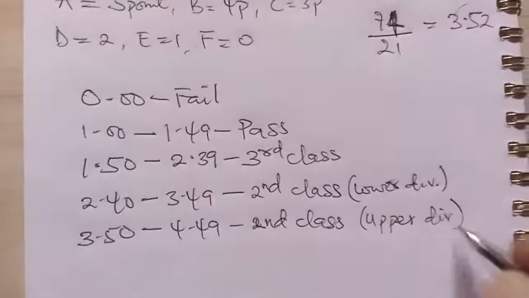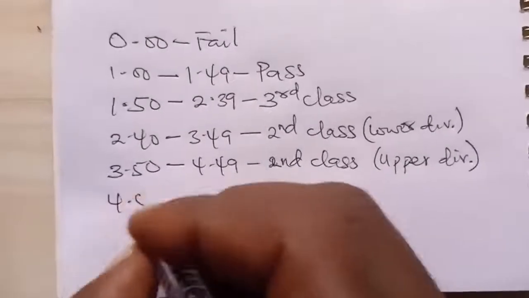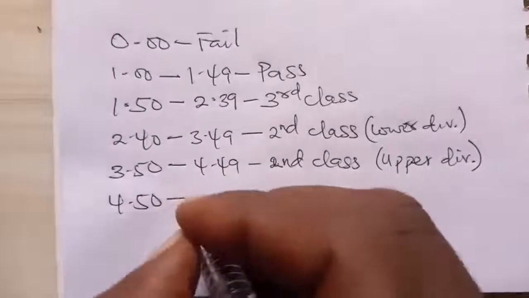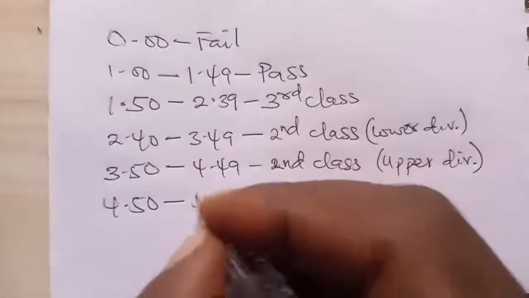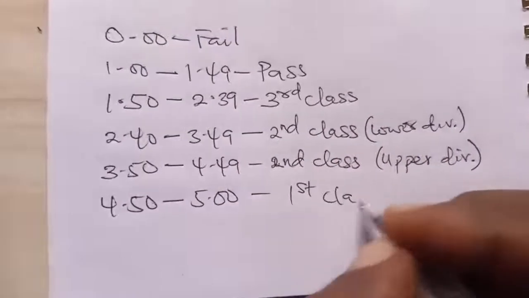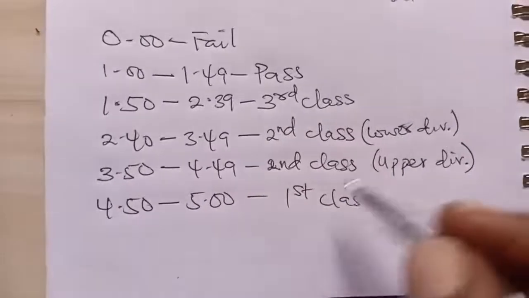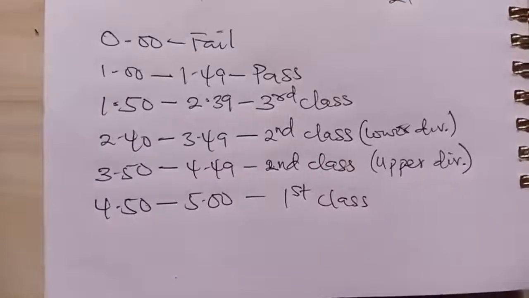Upper division 2-1. If the student now makes between 4.50 to 5.00, that is first class. For you to make 5.0 means all the courses you did, you made all of them A's.